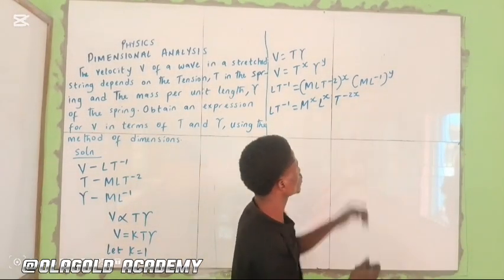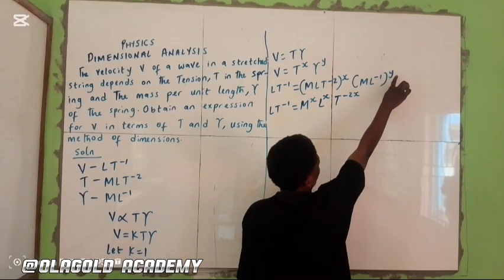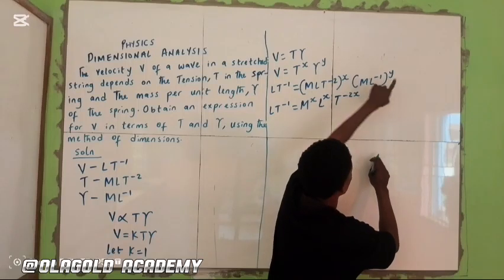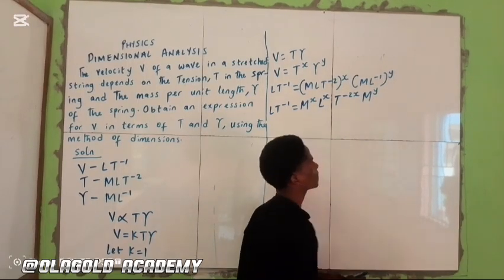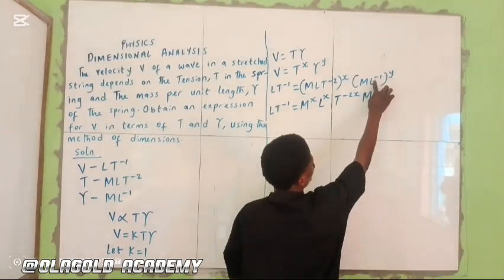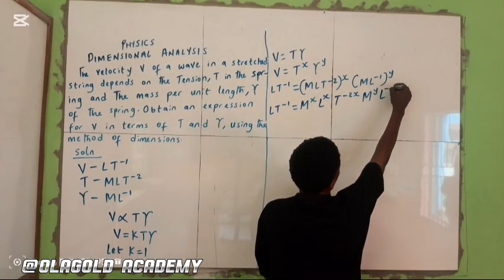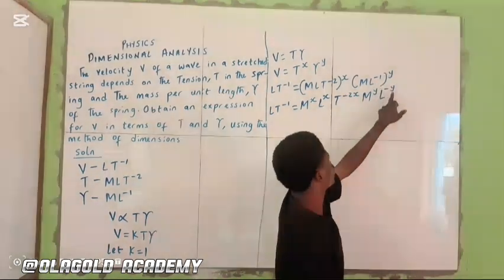The next thing is to open this bracket also. 1 times y, 1 which is the power of M times y gives us M to the power of y. Minus 1 times y gives us L to the power of minus y. Minus 1 times y gives us minus y.